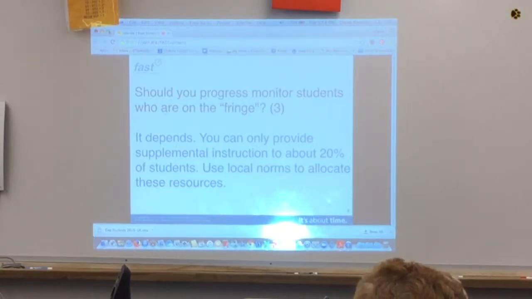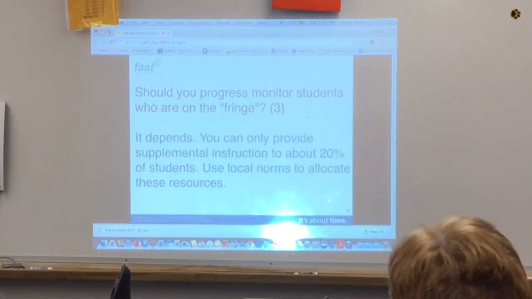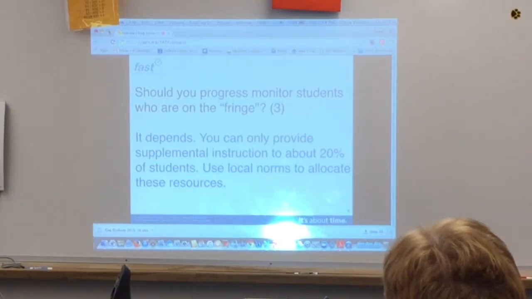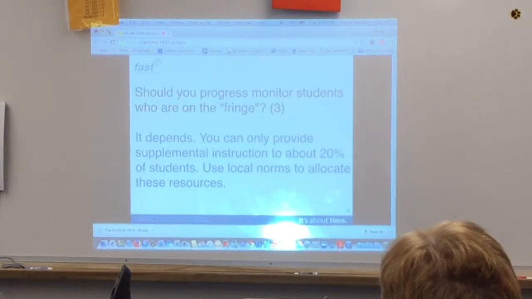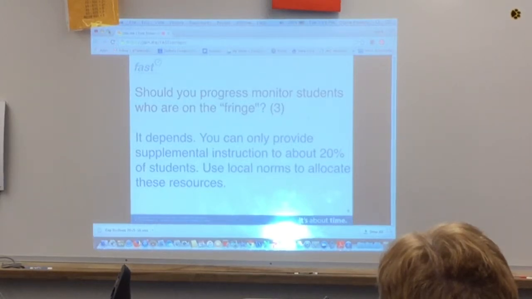Should you progress monitor students who are on the fringe? As with many things, it depends. The general guideline is that you can only provide supplemental instruction to about 20% of your students. If you're progress monitoring, the understanding is that the students you're progress monitoring are receiving an evidence-based intervention with the appropriate dosage.